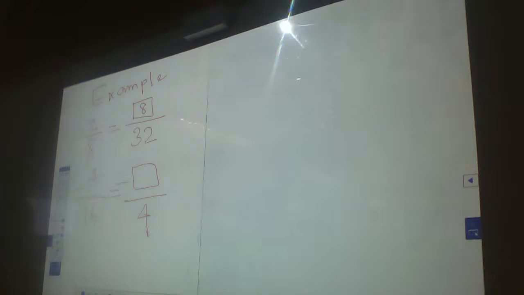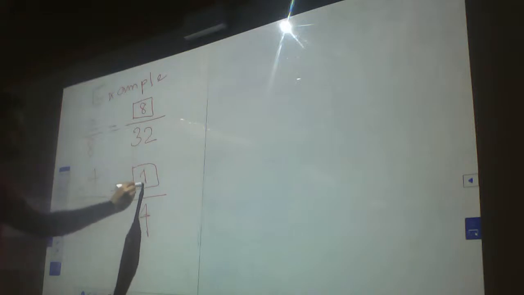Yes, now what will be the number in the box? 1, because 16 divided by what number will we get 4? 16 and 4 give 4, same. So minus 4, right? It is divided by 4. So the answer is 1. Right?